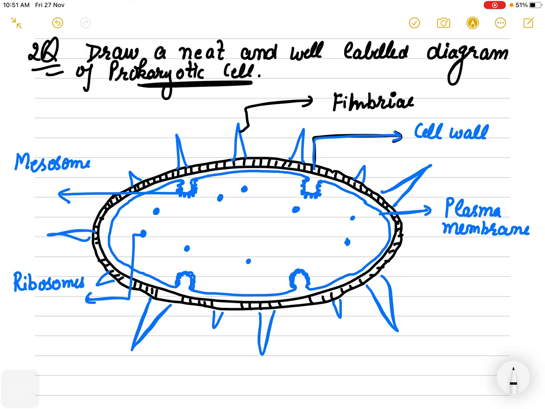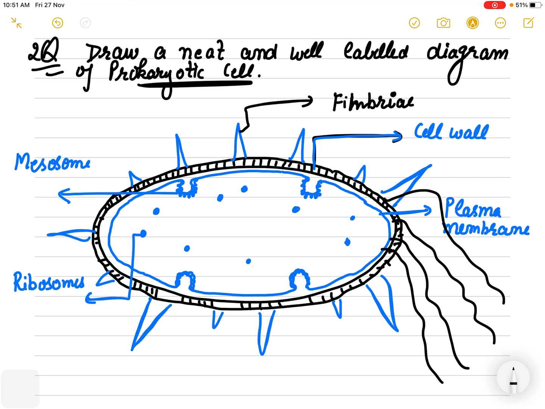And then they also have these long extensions, and these are called flagella. This is known as flagella.